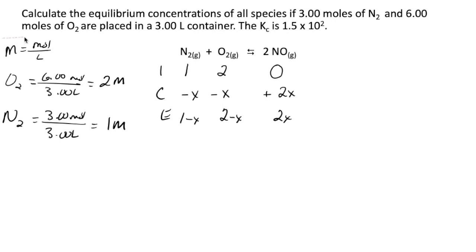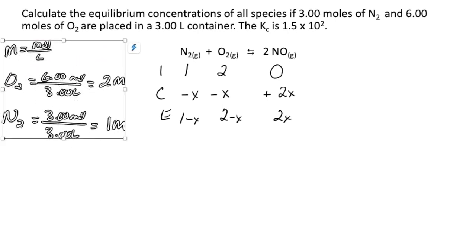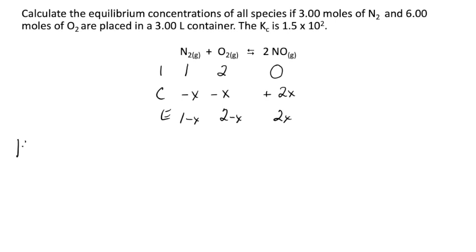Now that we have our initial concentrations, I'm going to get rid of this because I'm going to need that space. Now our Kc is going to be our products over our reactants. So our product is NO raised to the second over N2 raised to the 1 and O2 raised to the 1.